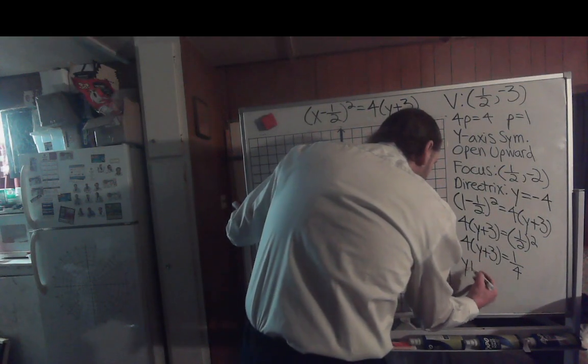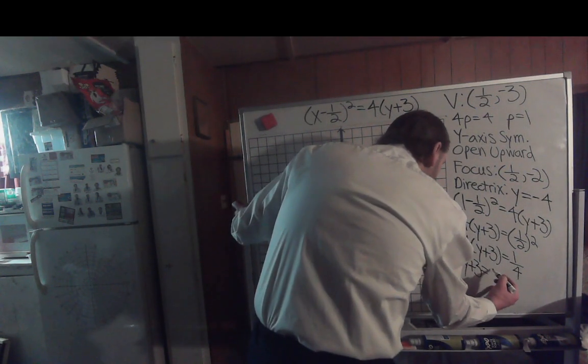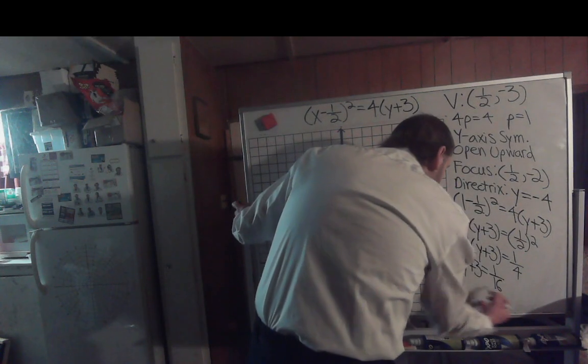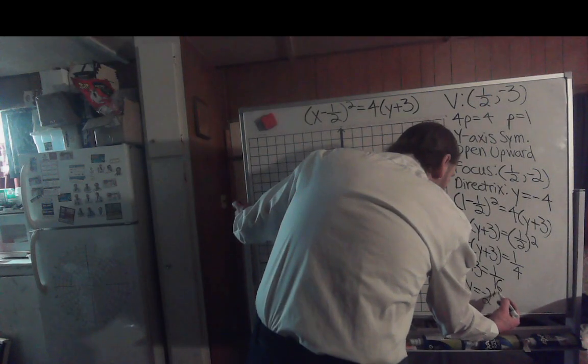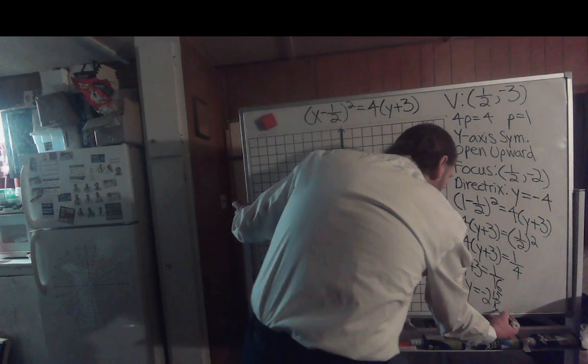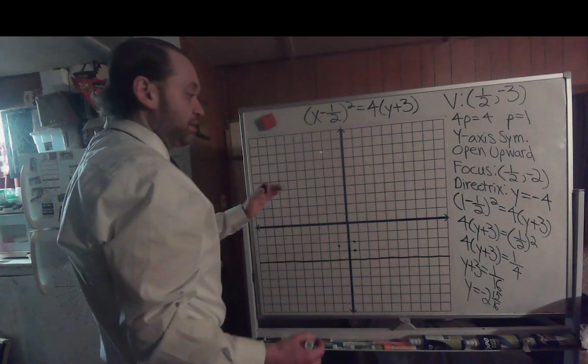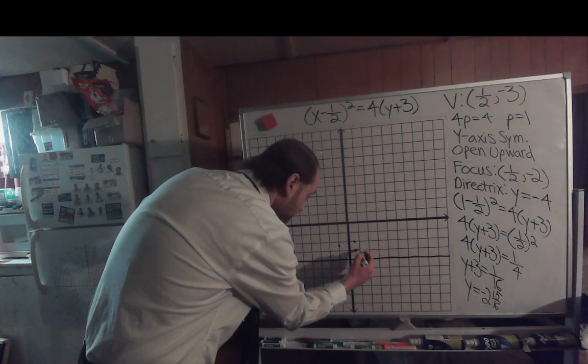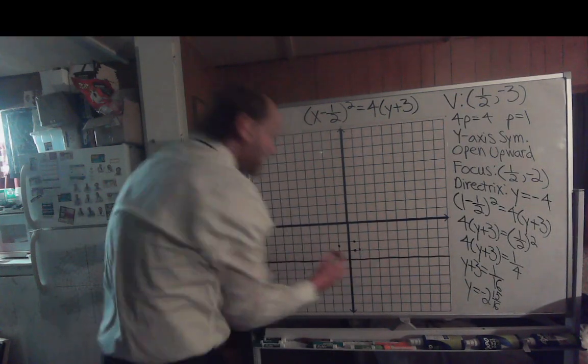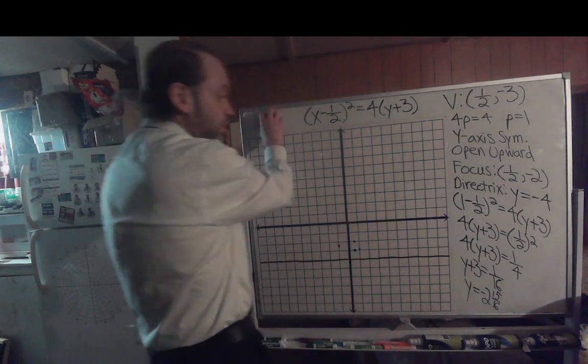So then y plus 3 equals 1/16, which would have to mean that y equals -2 and 15/16. So when x equals 1, you'll get about -2 and 15/16, right about there. And then let's pick x equals 2 for one more coordinate.